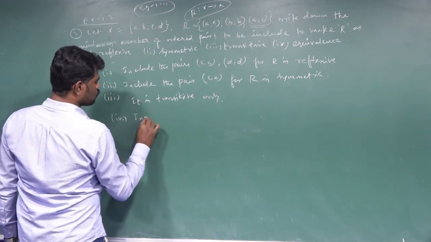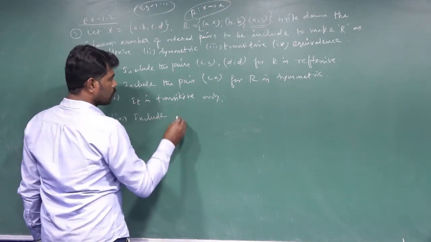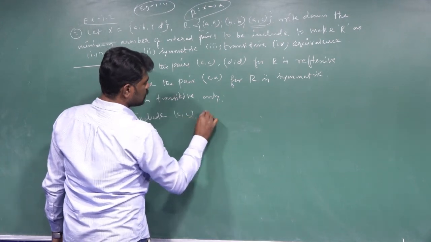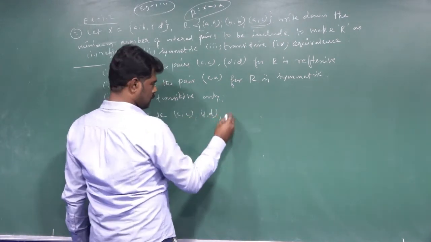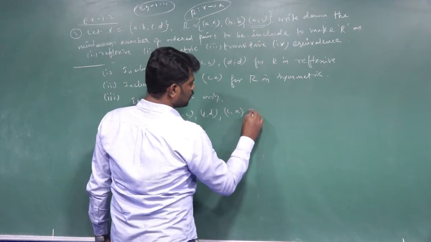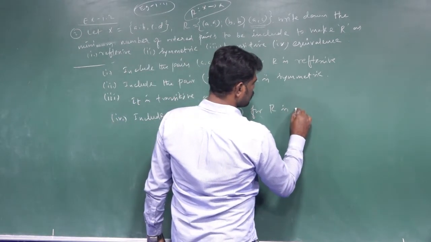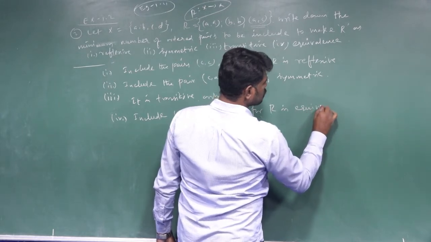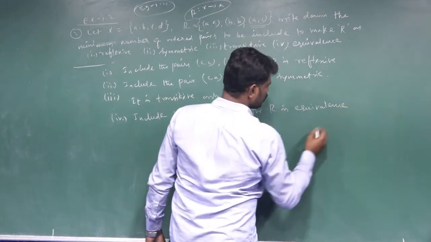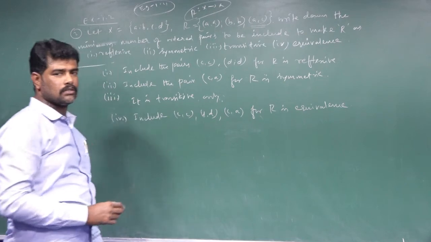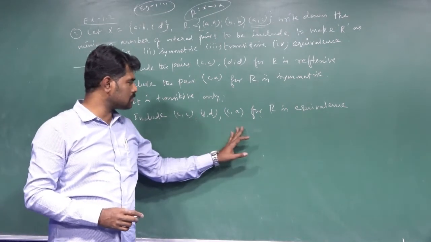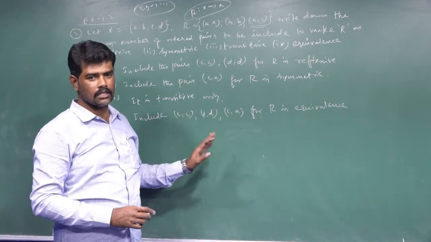So include all the three pairs CC, DD, C comma A for R to be an equivalence relation. That's all. If you add these three pairs, then R will be an equivalence relation.